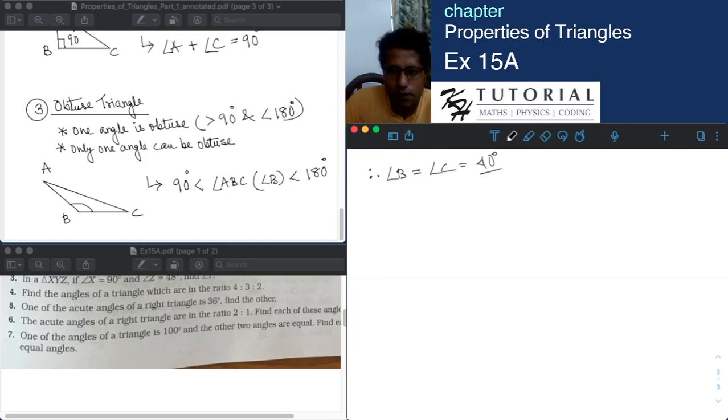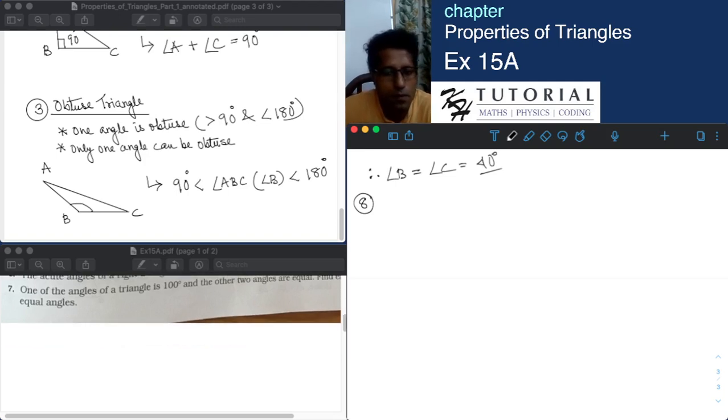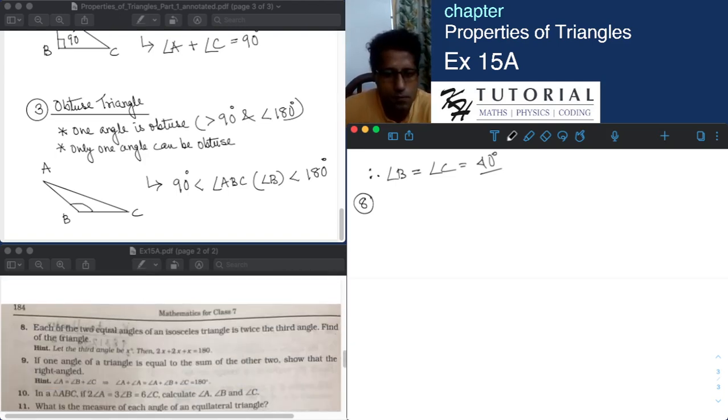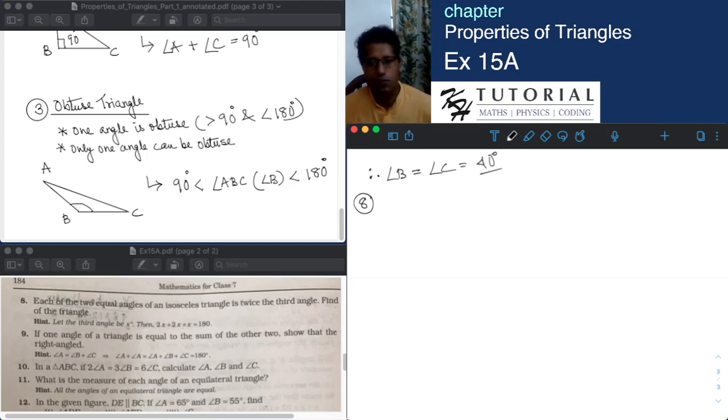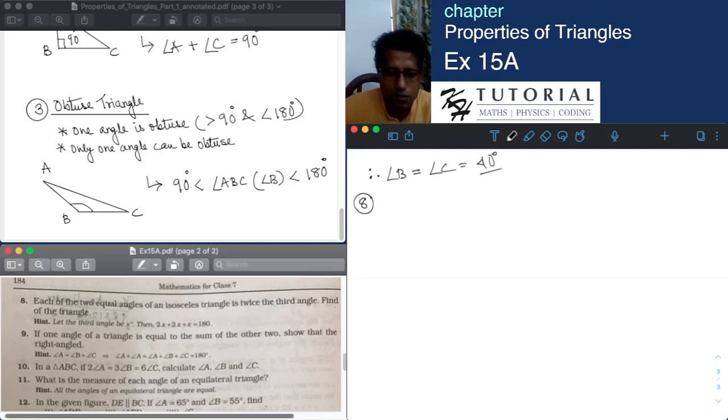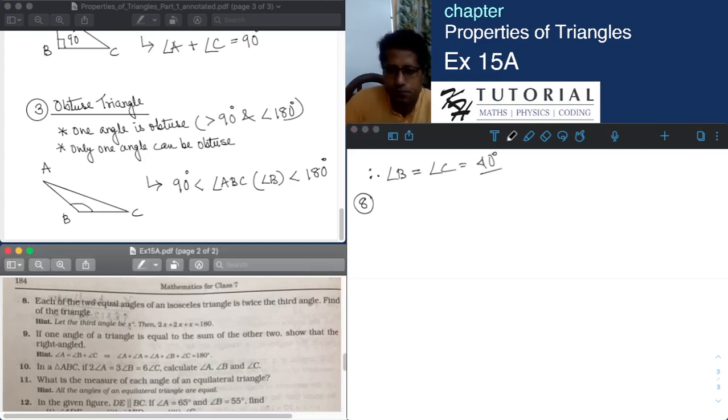Let's do problem number 8. It says each of the two equal angles of an isosceles triangle is twice the third angle. Find the angles of the triangle. So it's an isosceles triangle. Let's say the isosceles triangle is like this.